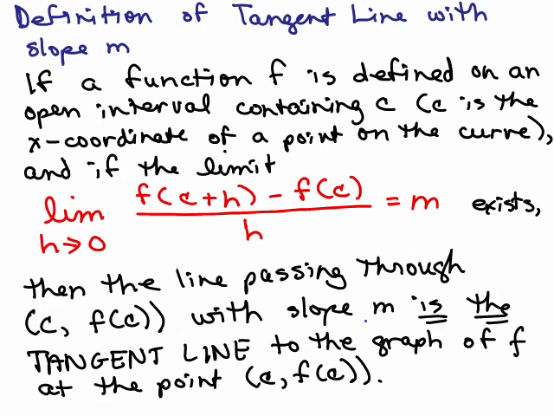Now what's interesting is we're going to go on to the formal definition of a derivative. It's going to look exactly like that. The difference is, instead of this letter c, we're going to have an x. So c was a particular value in an ordered pair.